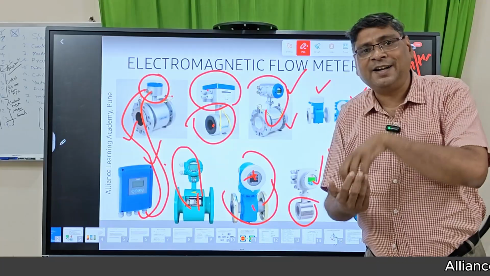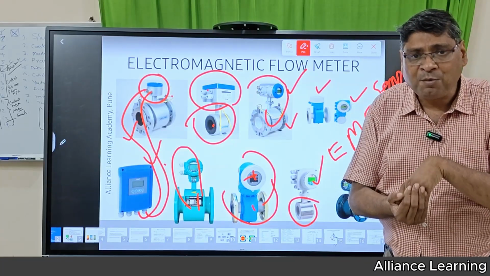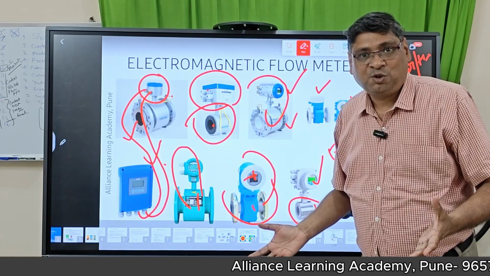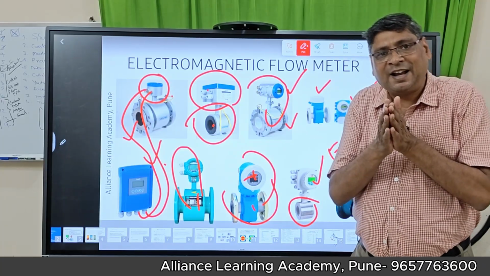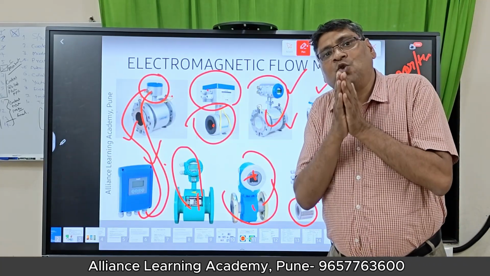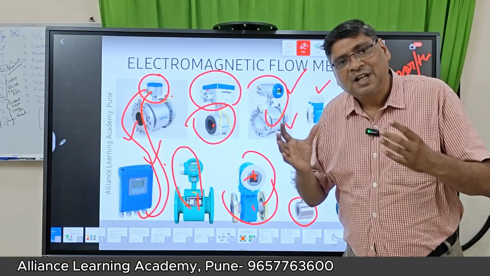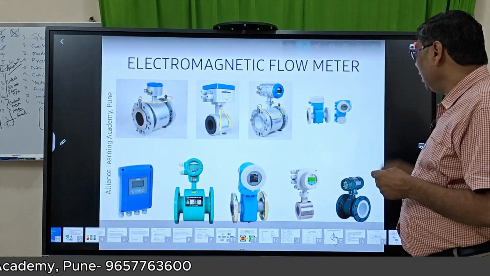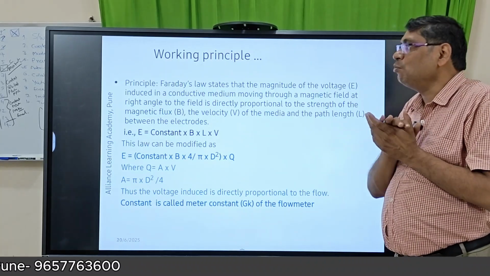So we understand integral type, remote type, then flange type, sandwich type. Whenever you select any flow meter for your application, you must know these small things. Now we will go to the next slide and understand more.